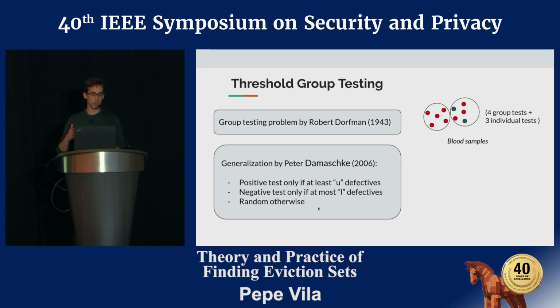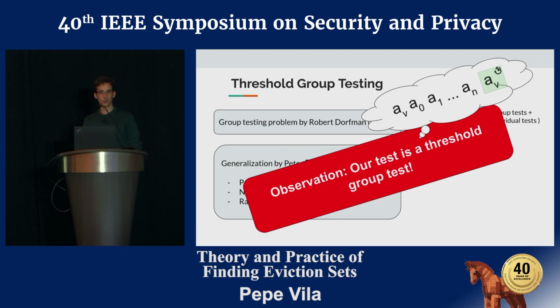And it can be either a positive or negative answer with a random probability in any other case. So our key observation here is that our test for an eviction set is actually a threshold group test. If you think about how this works, our test will only give a positive answer if the set contains at least associativity many addresses.